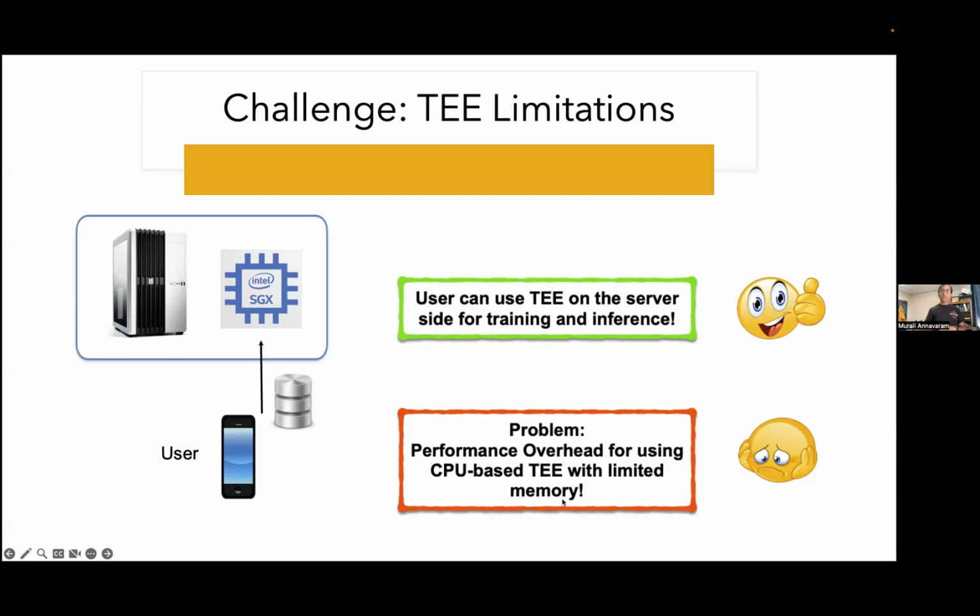For example, if you want to run everything inside the enclave, you were limited to CPUs at the time this work was done. Today they have reduced some of those limits by using GPU capabilities as well. But nonetheless, the performance overhead is not free. There is a cost to running this stuff in the enclave.